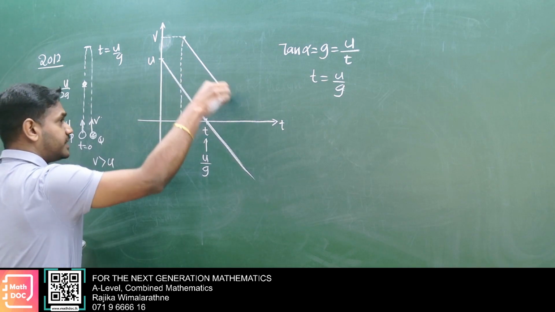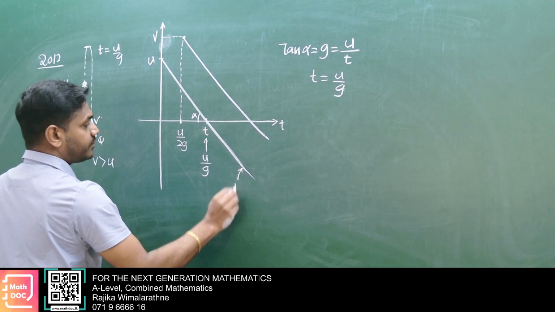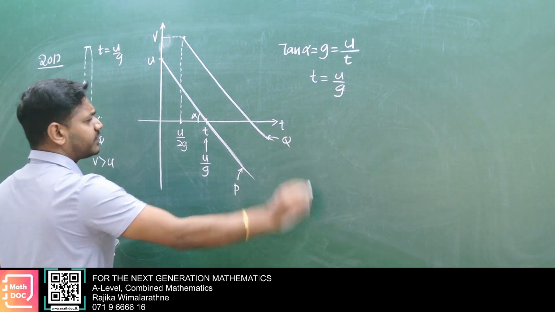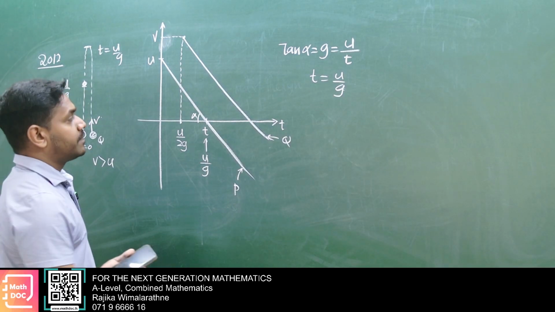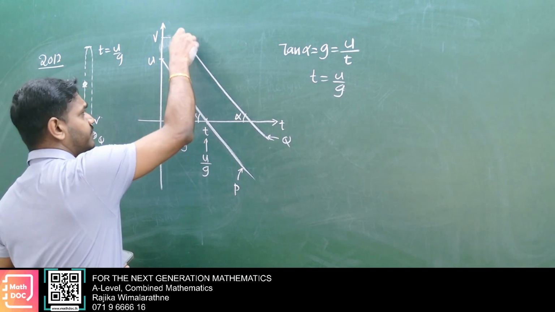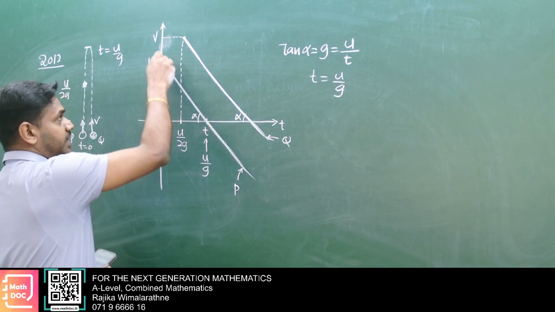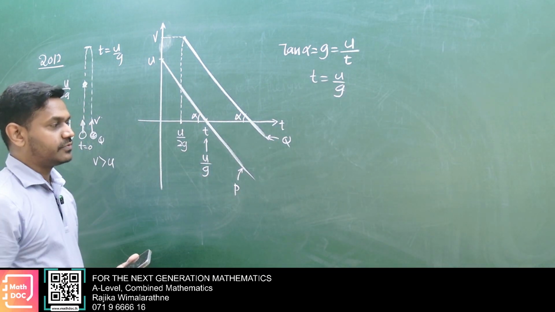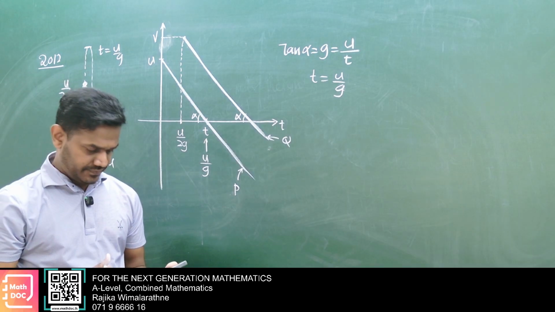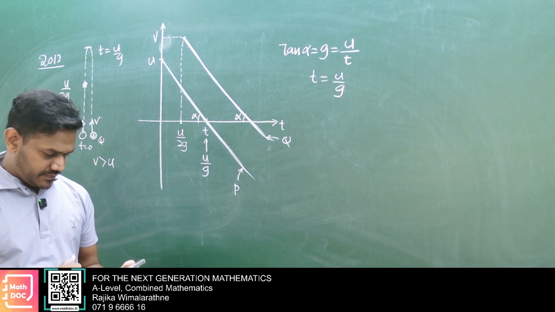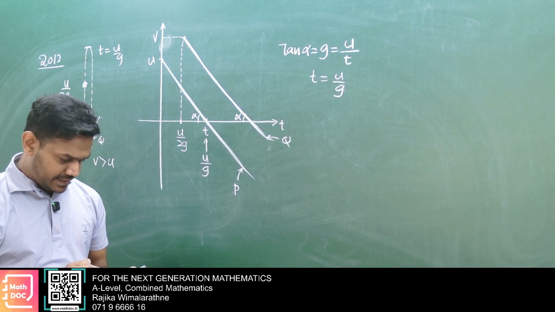Then it moves under gravity. This is P, this is Q. That's how we sketch. Same inclination alpha, no? Both move under gravity. That's the graph.